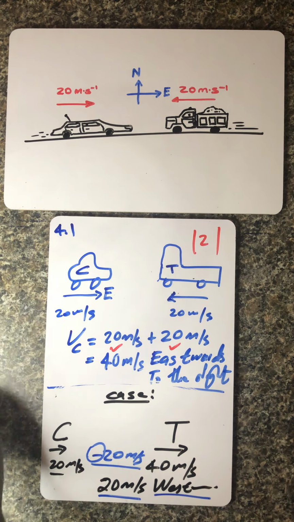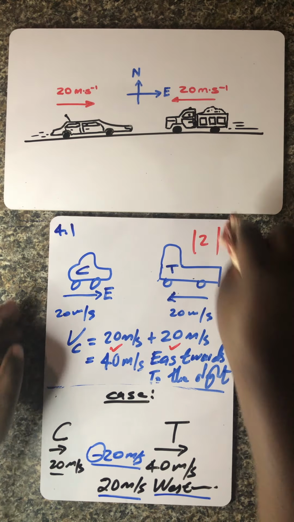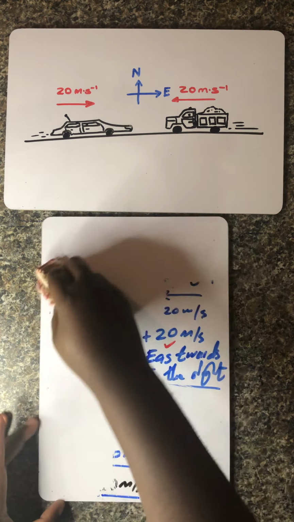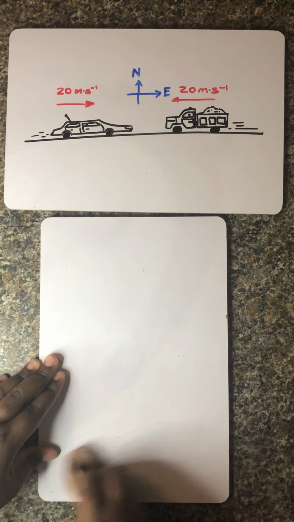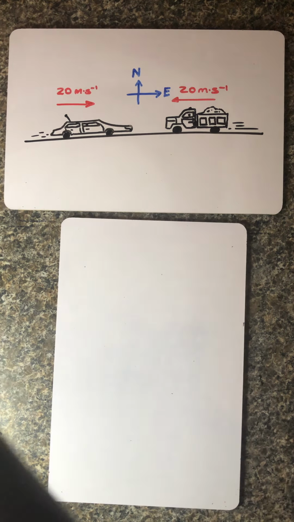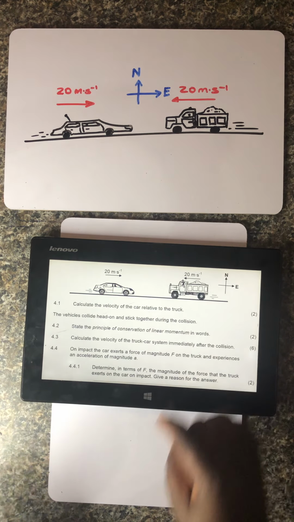Very, very important, ladies and gentlemen, that you understand that part. So now I think we can move to the second question. I pray that you fully understood that part, because they can also ask this type of question in multiple choice questions.